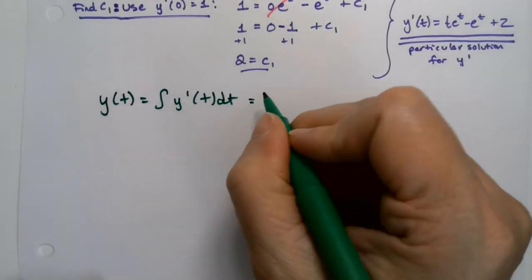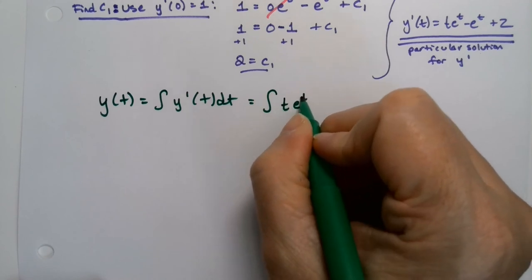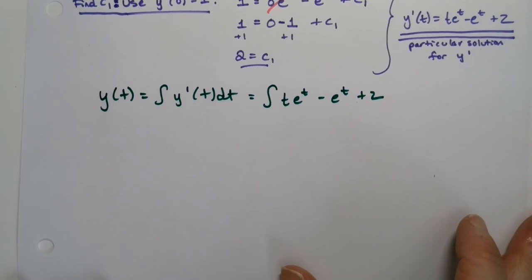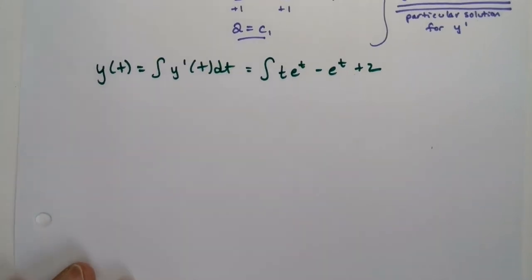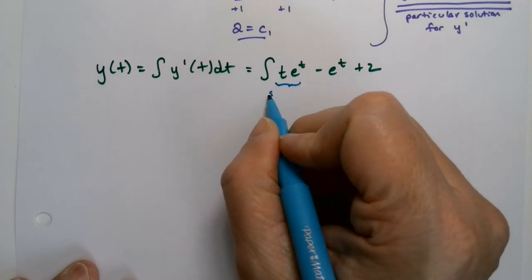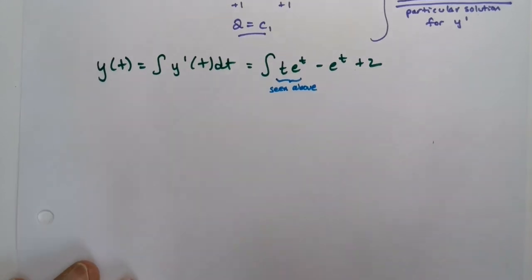fundamental theorem of calculus. So that's equal to the integral of t e to the t minus e to the t plus 2. Now I don't have to do this all over again. We already saw how this works, seen above. It would use integration by parts, and we already know how that's going to go. So we're just going to do it.